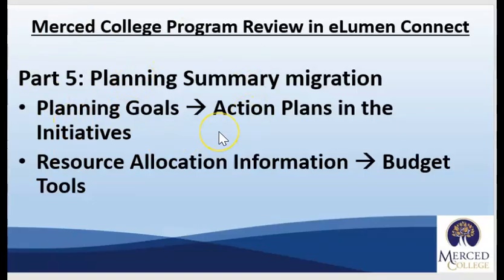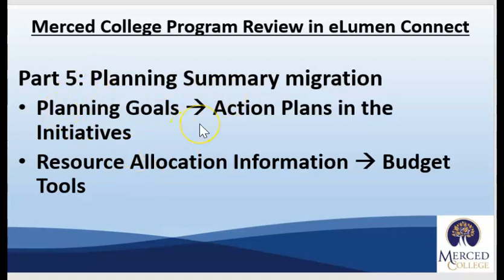Now, there is a lot of stuff going on, and really that's why we tried to break down this process so that the planning goals that you entered last year can be used to start modeling your action plans in that strategic initiative, so we can start transferring that data, and people already have it available because there's a lot of buttons to click here. There's a lot of different selections that can be made.